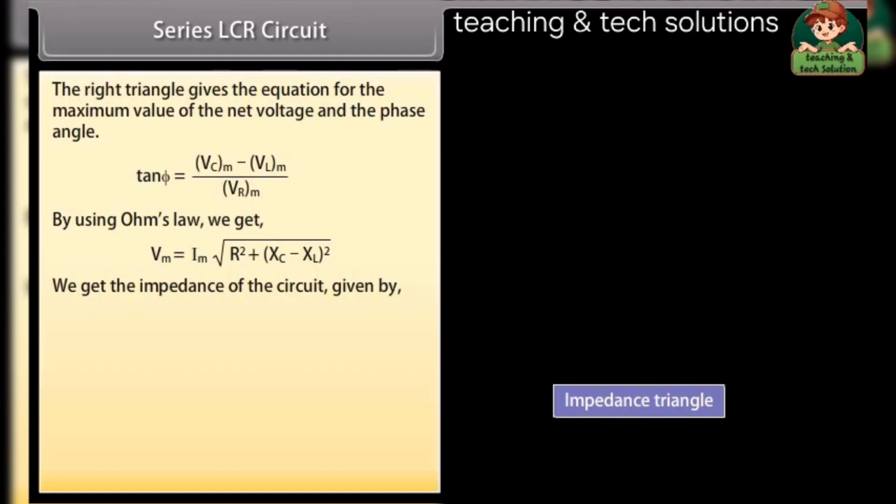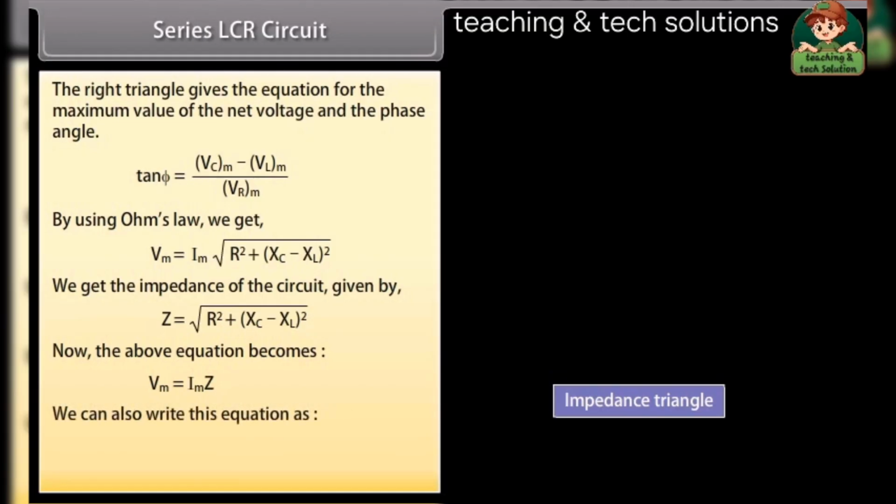We get the impedance of the circuit given by Z equal to under root of R square plus (XC minus XL) square. Now, the above equation becomes Vm is equal to product of Im and Z.